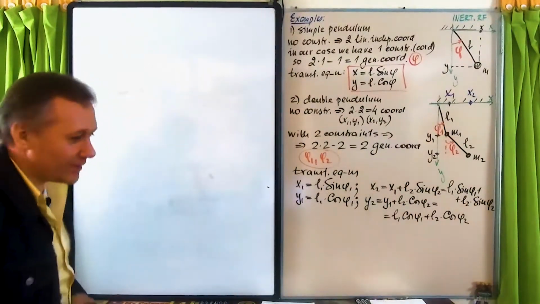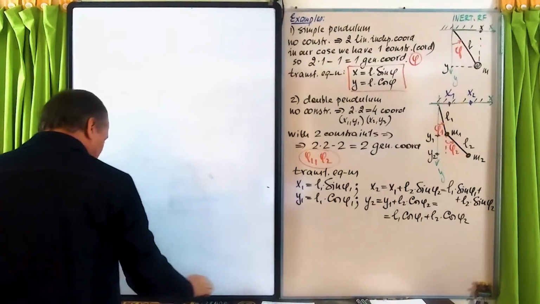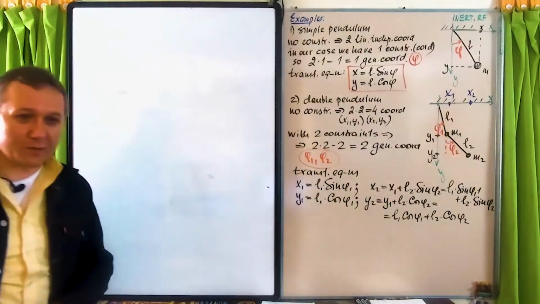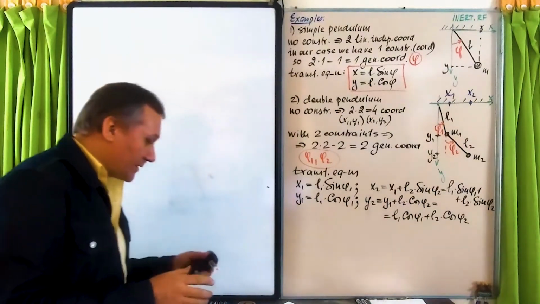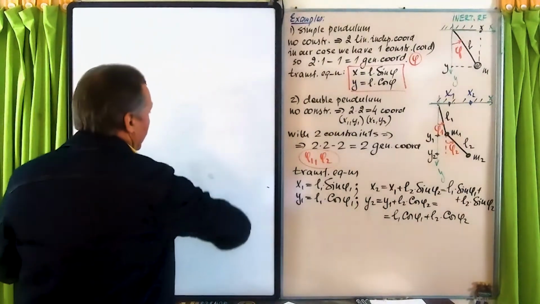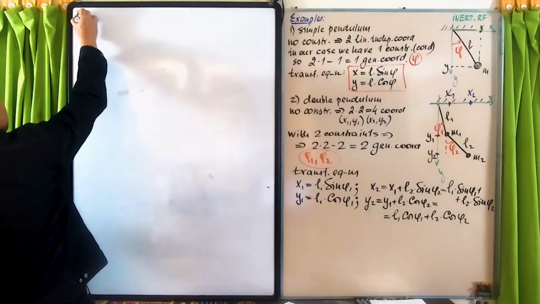Okay, it looks decent. So the next example: that was 1, 2, and now number 3.